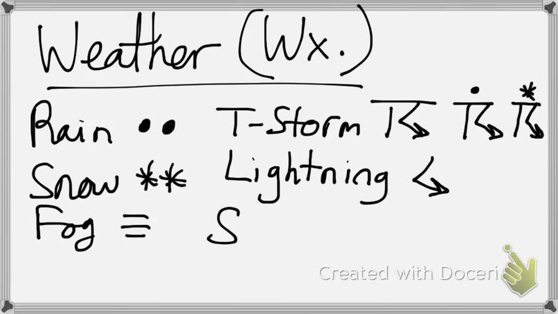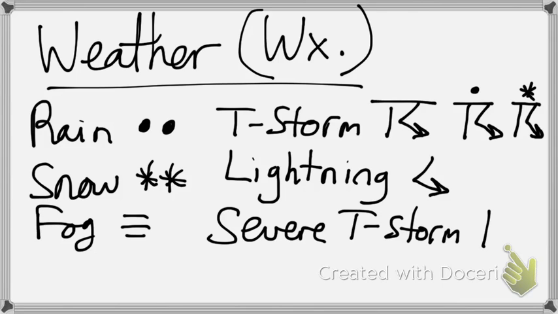And a severe thunderstorm looks like that. We'll go over what a severe thunderstorm means, the criteria, later in the course. These are the very basic symbols that you will need to know. There are others, and I will show you a web page that can give you a little bit more detail.